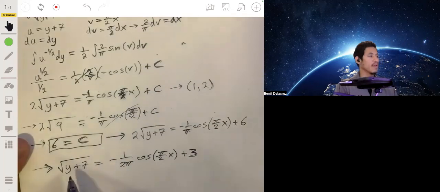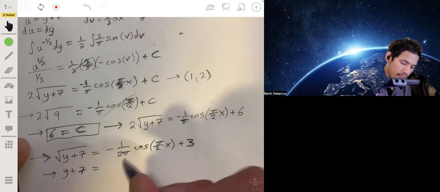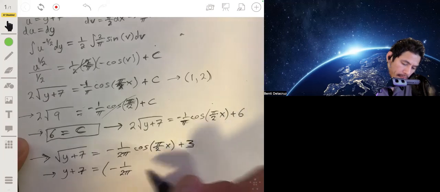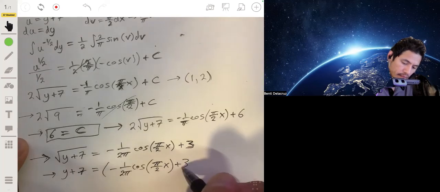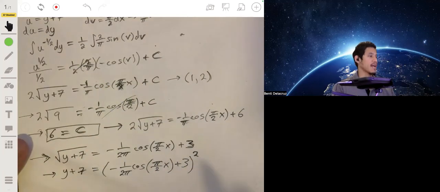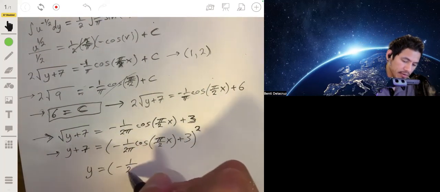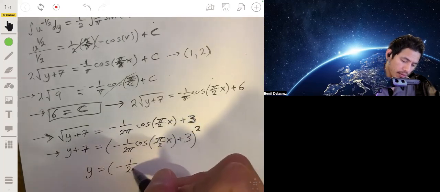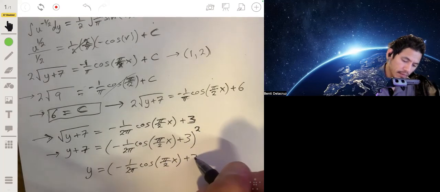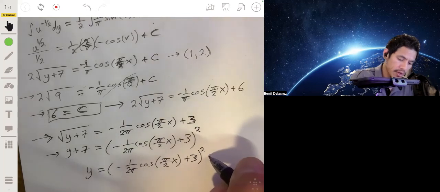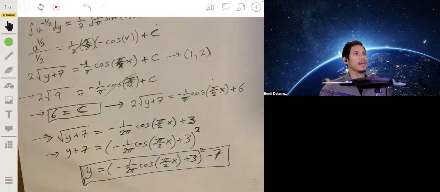Dividing everything by 2, squaring both sides, we get y plus 7 equals this whole thing squared, and then we just subtract the 7. And we have y is equal to negative 1 over 2 pi times the cosine of pi over 2x plus 3 all squared minus 7. And that's our solution.